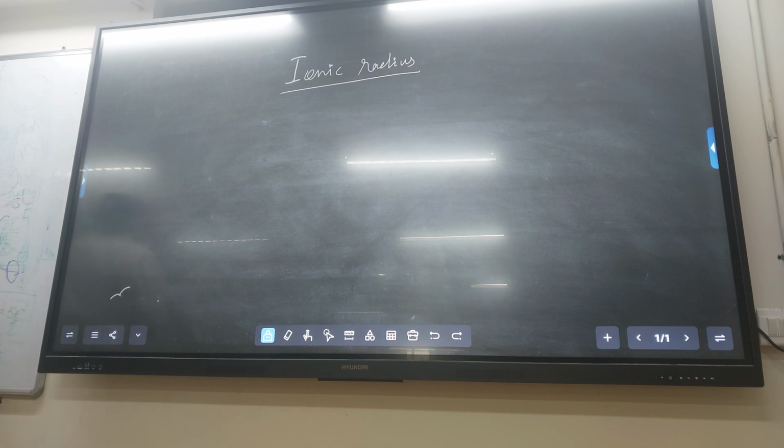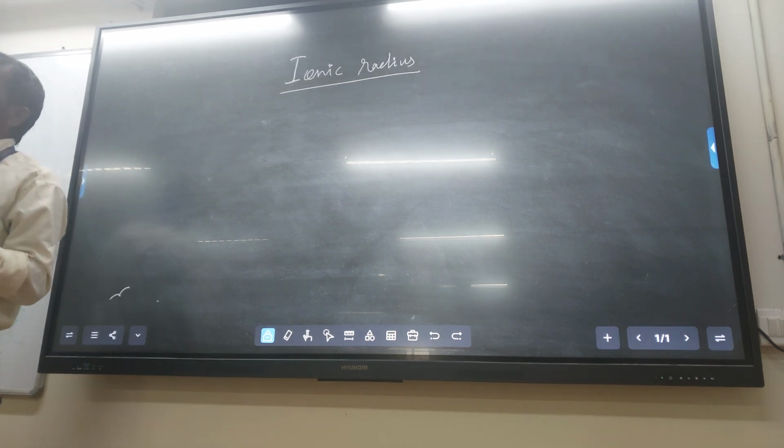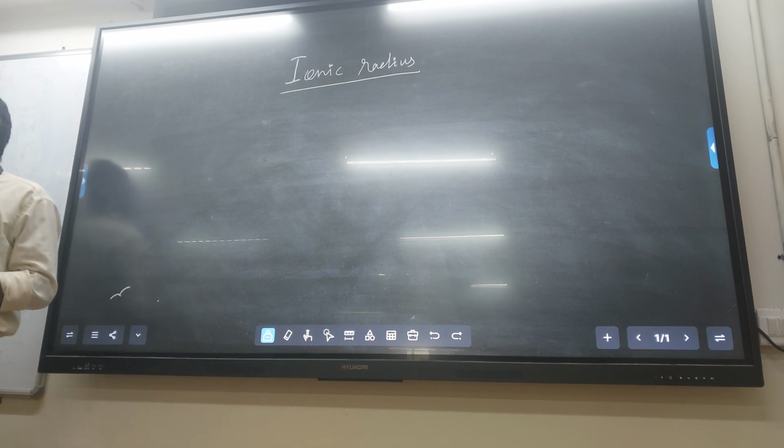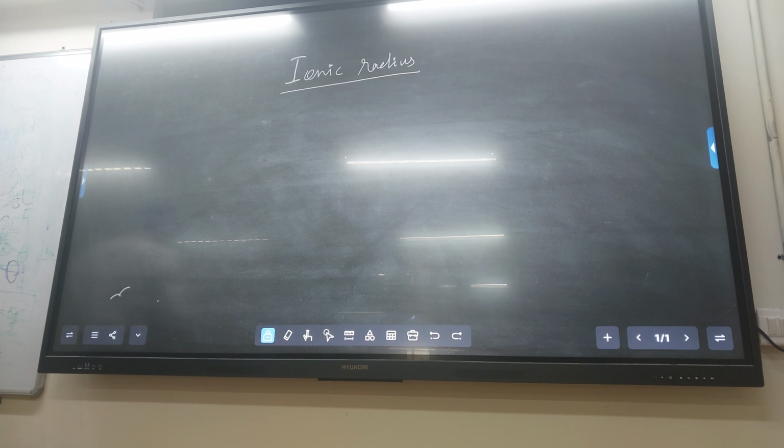In the isolated gaseous atom, we have to convert the atom into the gaseous state. From that gaseous state, you remove one electron, or else you add one electron. After that, you measure the distance from the outermost orbital to the nucleus, and that is the ionic radius.